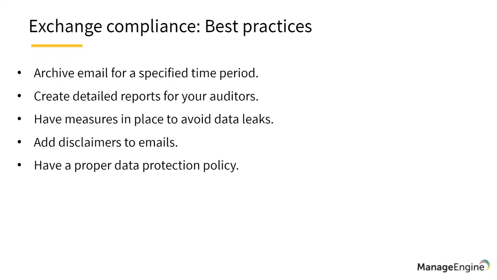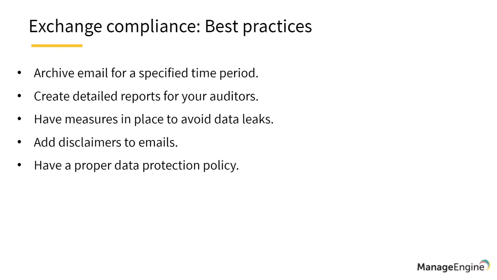So the very first thing you can do is archiving, because archiving is actually important, and most compliance mandates call for archiving, and there's at least a minimum of 10 years that some of them call for. I was talking about email retention, but archiving is also going to help you out in the long run.